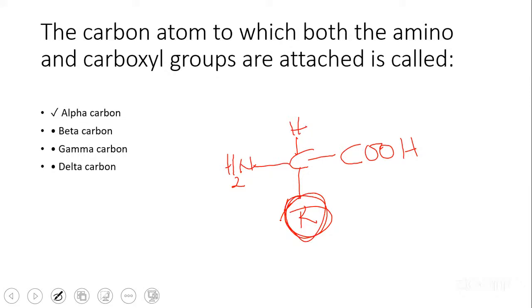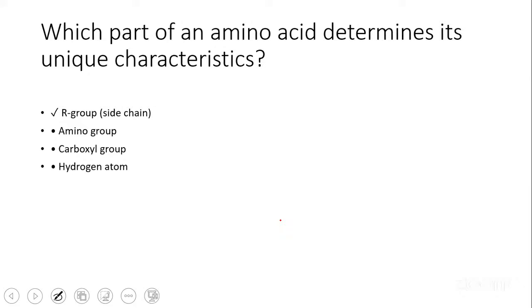It tells you if it is an acidic amino acid, a basic amino acid, an aromatic amino acid, or any character. So the R group, which is called the side chain, gives the characteristics of the amino acid.